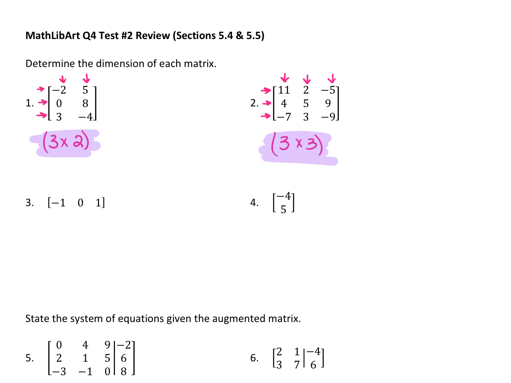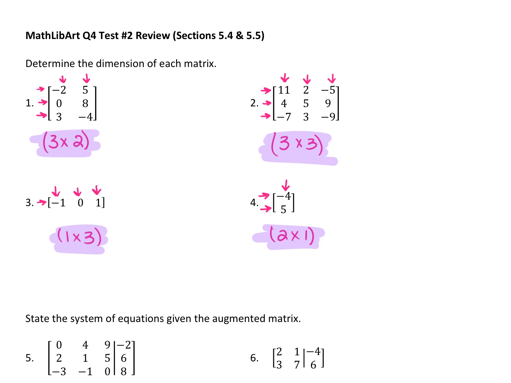Then for number 3, you're given -1, 0, 1. So this is a 1 by 1, 2, 3. And then with 4, you have -4, 5. You have 2 rows, 1 column. So this is a 2 by 1.